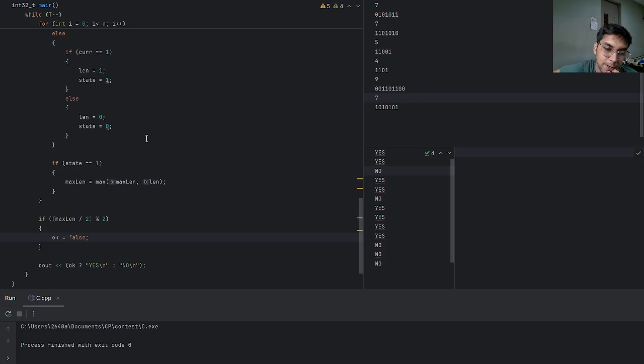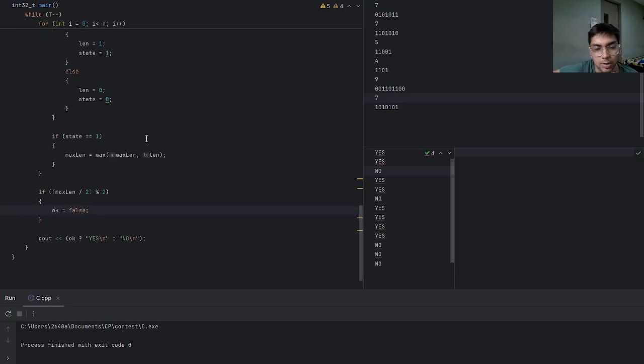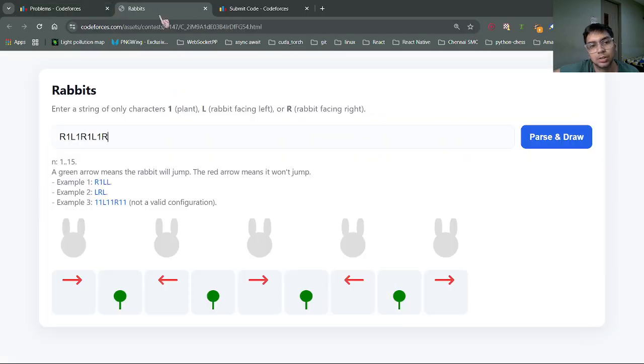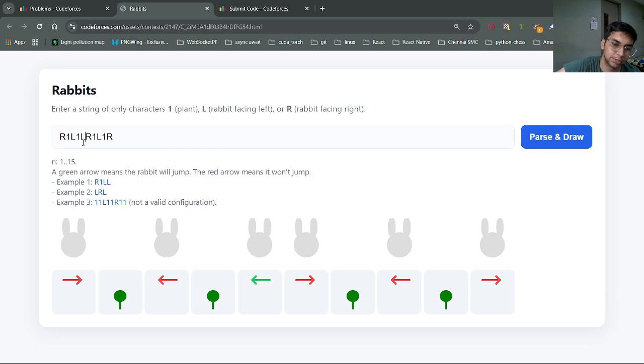So yeah, but I guess the logic was sound for if there are any other ones here, right?